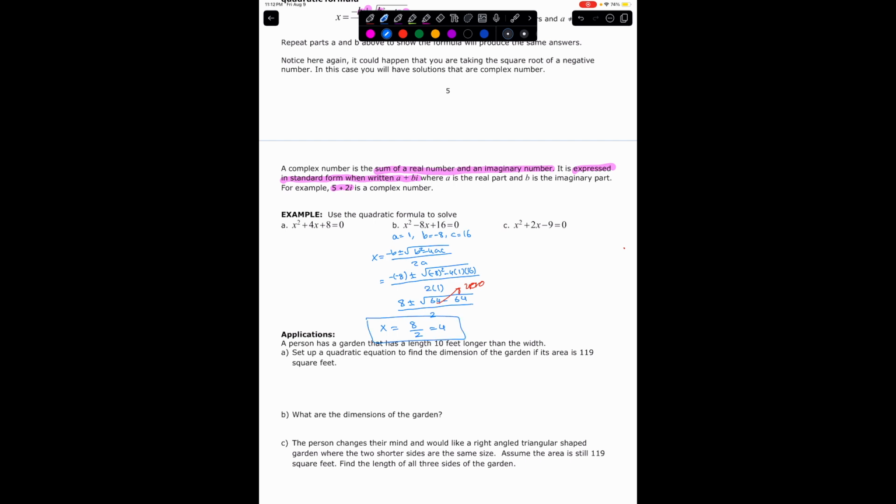And then I will do A because I think there is a complex solution there. So A is 1, B is 4, and C is 8.